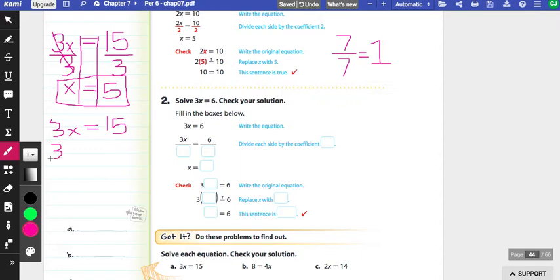So we have 3 times 5, and we need to know, is that equal to 15? And 3 times 5 does equal 15. Woohoo! So both sides of our equation, or our scale, are balanced. 15 does equal 15, so that's one way to make sure that we are correct, and that for letter A, x equals 5.